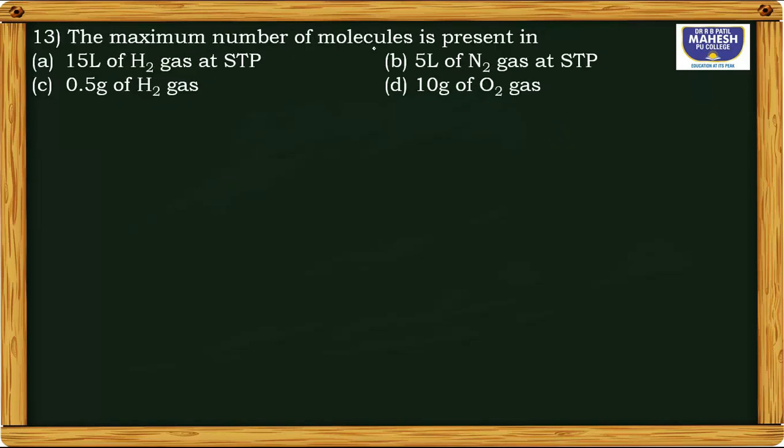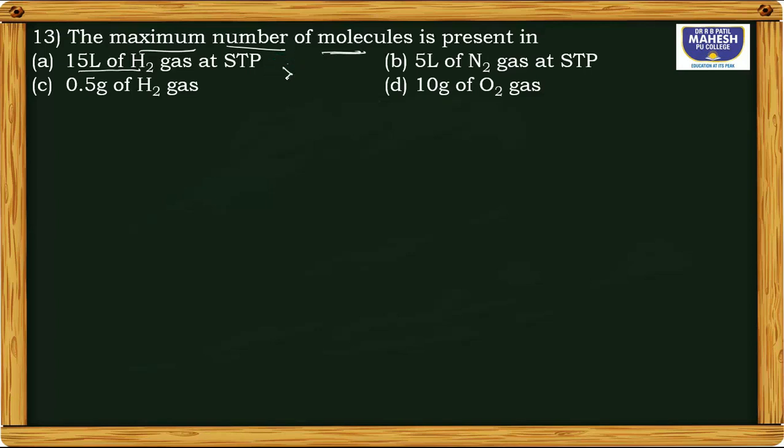Next question: maximum number of molecules present in, okay, 15 liters of hydrogen at STP. 22.4 liter corresponds to Avogadro number. 15 liter means it is greater than half of Avogadro number.